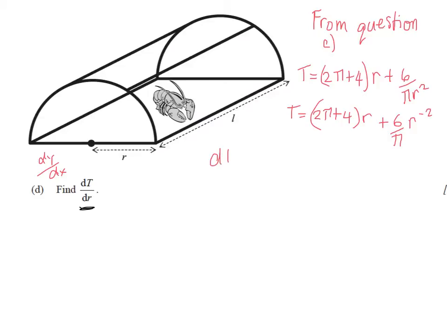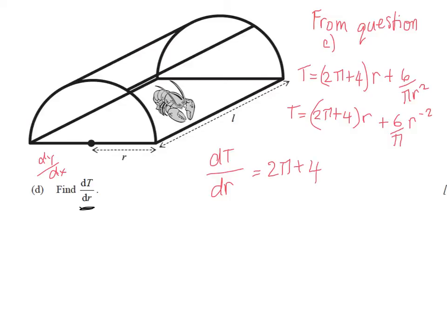So dt over dr. So remember that if you differentiated 5x, it would become 5. If you differentiate 1,000,000x, it just becomes 1,000,000. So when you differentiate 2 pi plus 4r, it just becomes 2 pi plus 4. Now, I'm not going over the rules of differentiation in detail. Hopefully that's something you remember. All right.